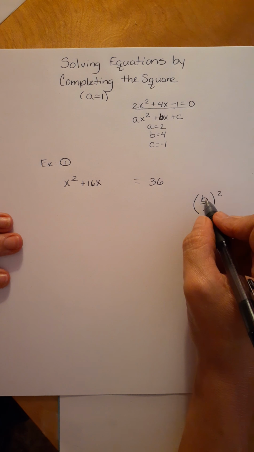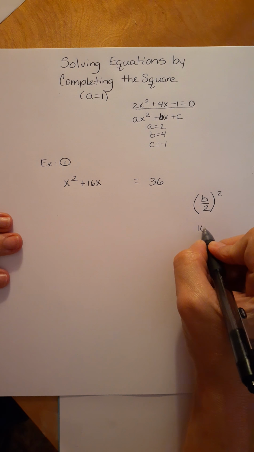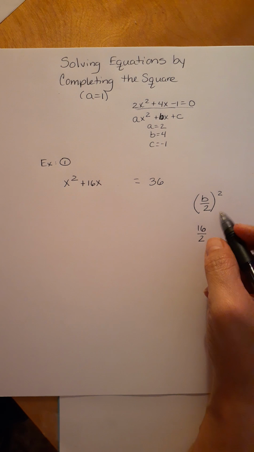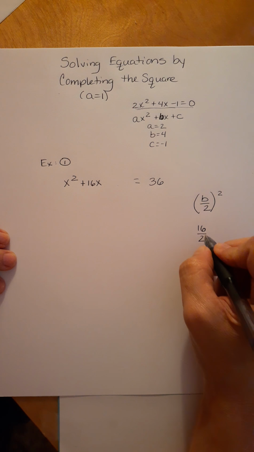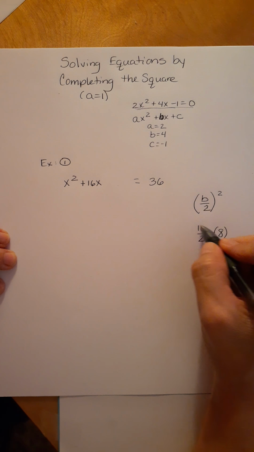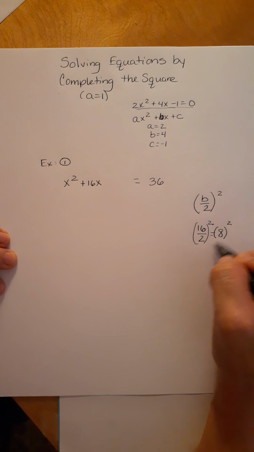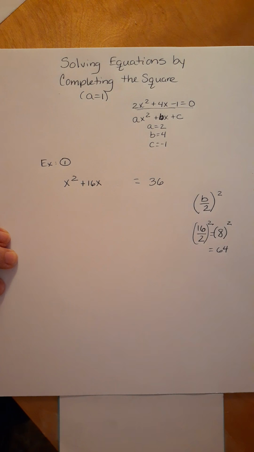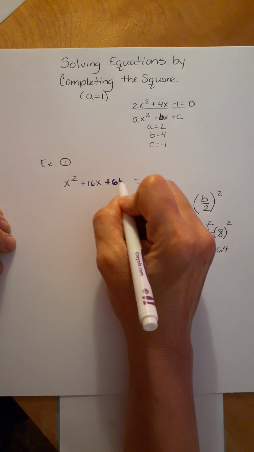So I substitute 16 divided by 2, which is 8. Inside the parentheses is 16 divided by 2, that's squared. So 8 squared is 64. I am going to add 64, and I'm going to do it in color, on both sides.